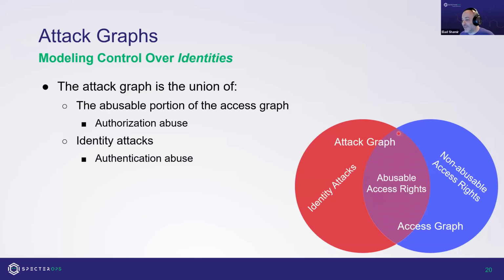And an attack graph is more valuable, obviously, for an attacker wanting to find a path from their initial access to the crown jewels, to the production database, or for a defender that wants to see what an attacker can actually do and what steps they might need to take to thwart actual attacks, or to identify the choke points that will allow them to eliminate the most attack paths with the least amount of effort.